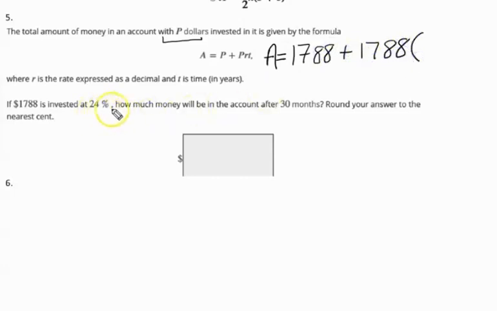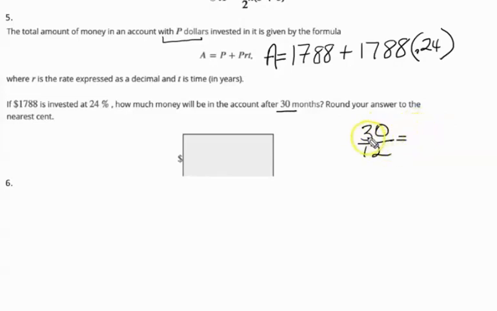Now 24% ends up as a decimal point 24. Now the next part is a little tricky because they're saying 30 months. Well, there's 12 months in a year, so 30 over 12 would result in, we can put it as a fraction.